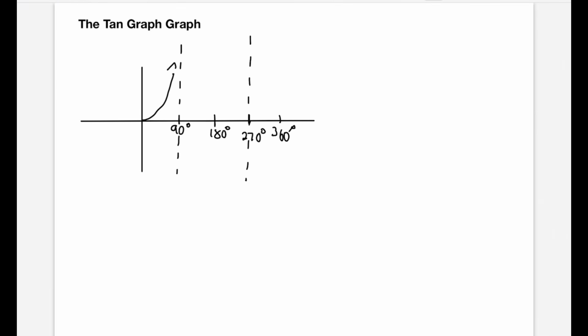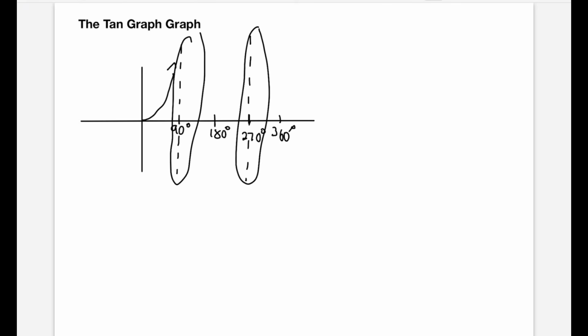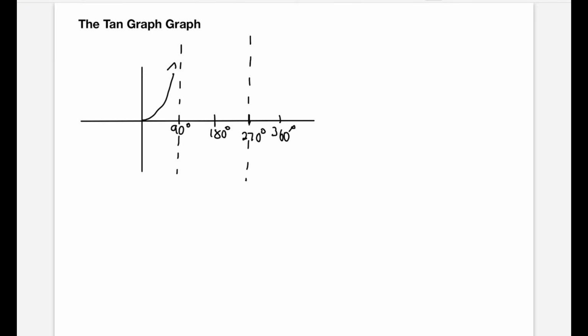Let's talk about the tan graph. Now, I don't have too much to say here. We'll actually see the tan graph in an example in our past paper example, which is going to be the video I post next. The tan graph has asymptotes, or lines that it never touches, at 90 and 270. And it starts this way, then repeats itself that way.